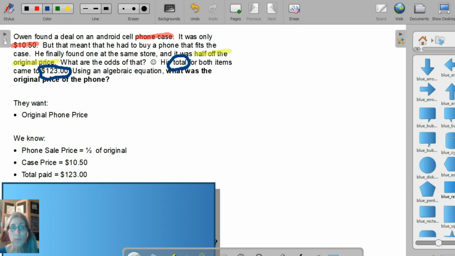So what can we do with these items that we know and find the original phone price, which is what they want? Well, why don't we go ahead and describe this equation in words without even using numbers? So if we did that, would we have an addition problem, a subtraction, multiplication?